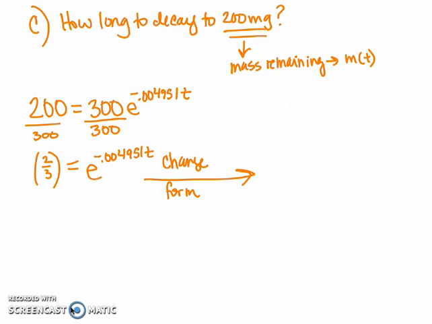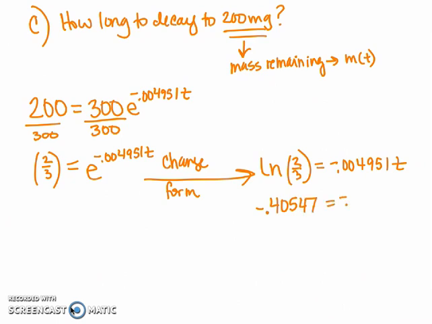Since our base is e, it's going to be a log base e, which is an ln. So we have ln of 2/3 is equal to our exponent, which is negative 0.004951 times t.